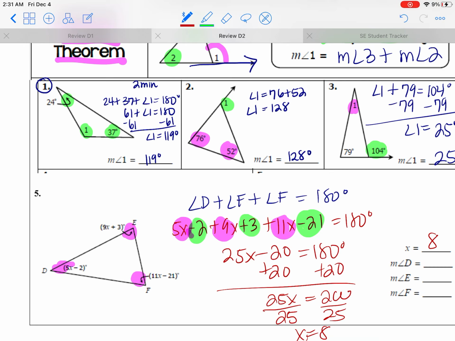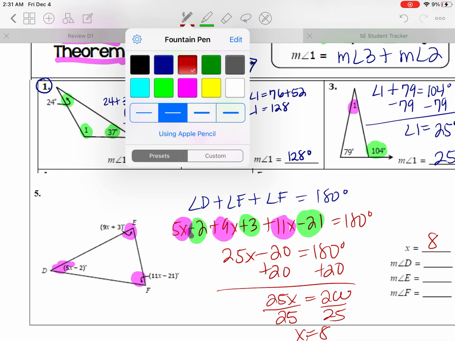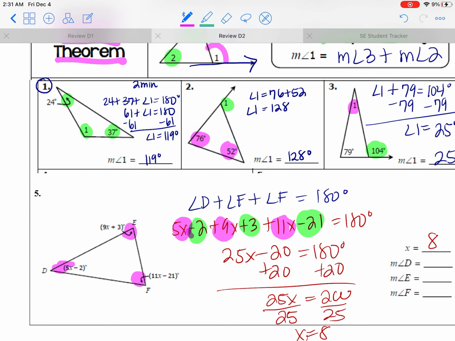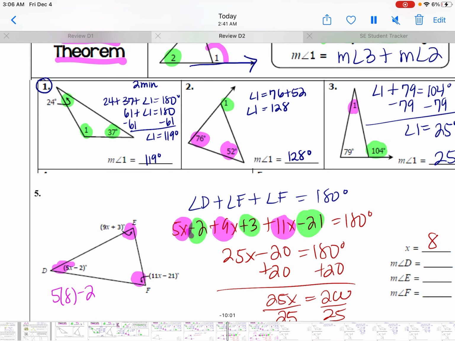Notice that they're also asking you to find the measure of each one of the missing angles. So for that, you have to come back and substitute the x value into each one of the expressions. We start with angle D, 5 times 8 minus 2. We get that the measure of angle D is 38.